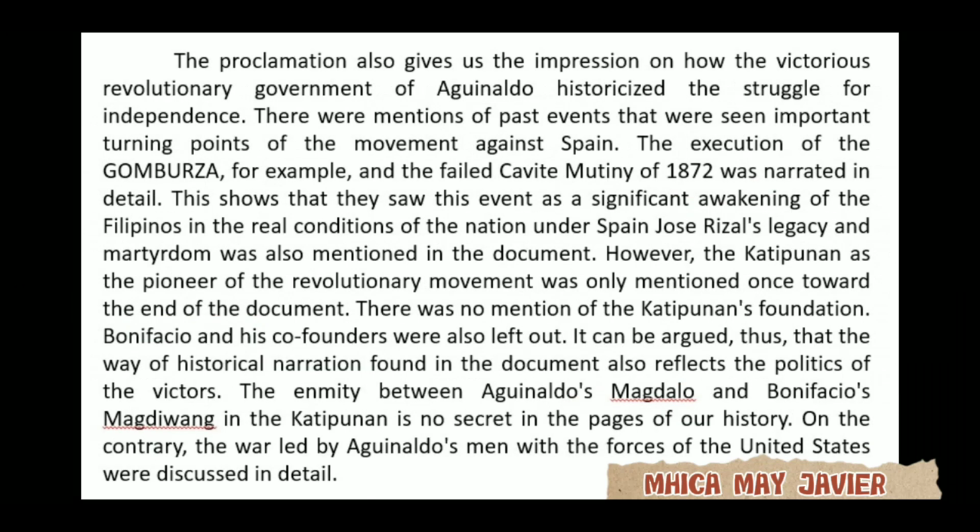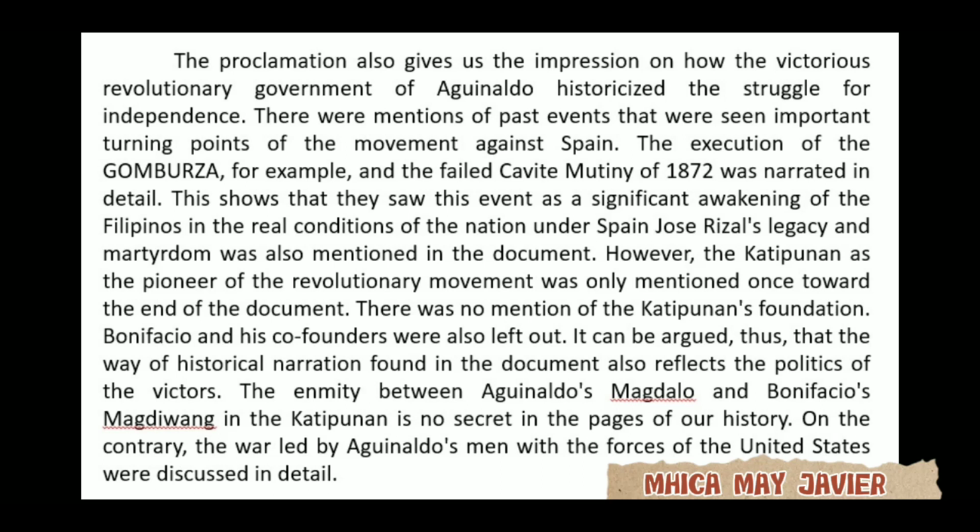The proclamation also gives us the impression on how the victorious revolutionary government of Aguinaldo historicized the struggle for independence. There were mentions of past events that were seen as important turning points of the movement against Spain.